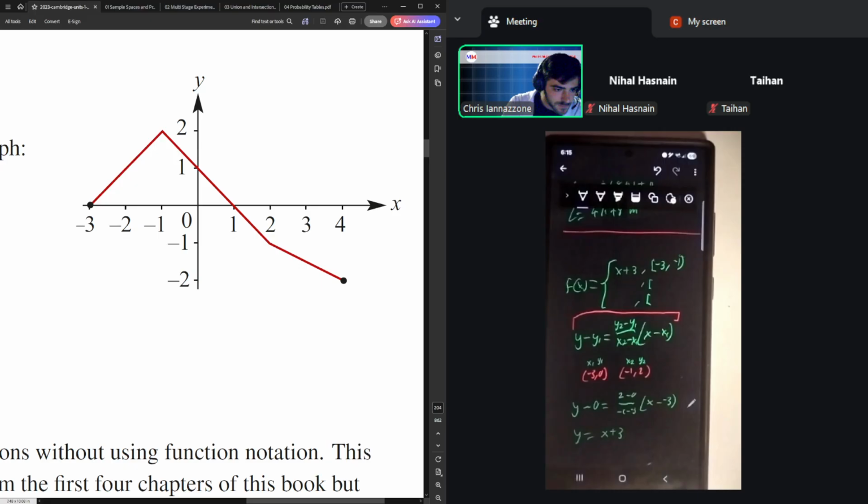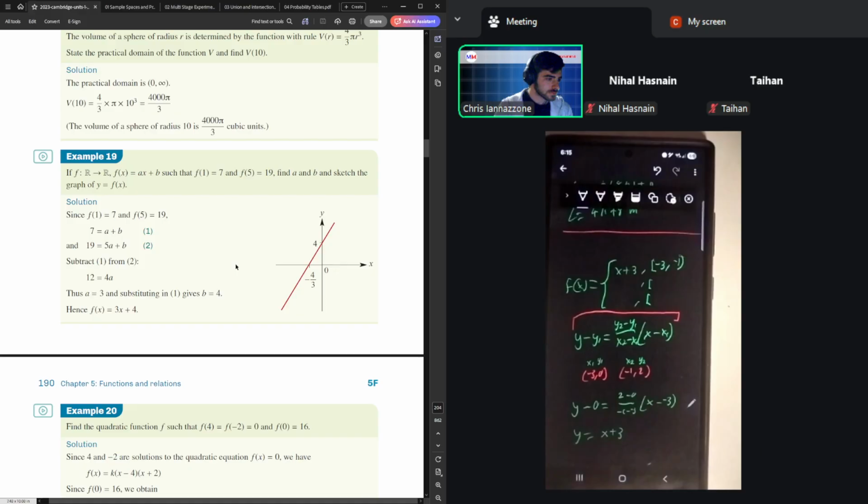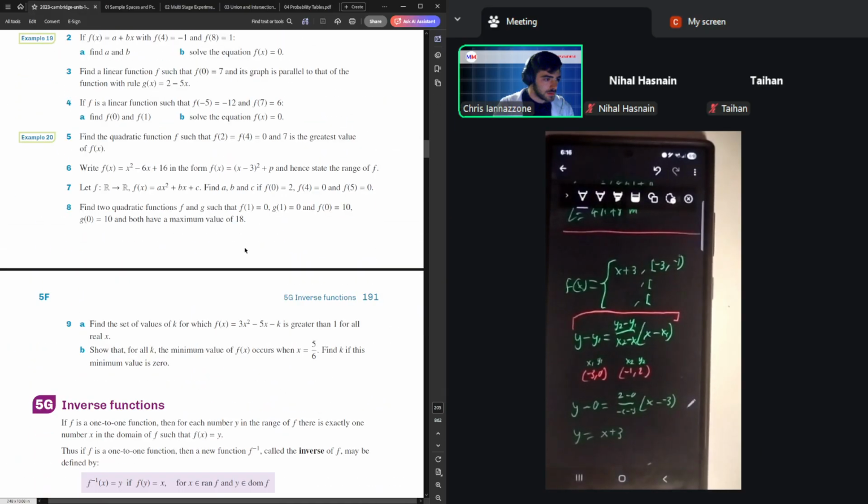Alright, next one up. 5F, question 8 and 9. Okay. Find two quadratics f and g such that these points exist and both have the same maximum value of 18. Cool. That's a fun little one.